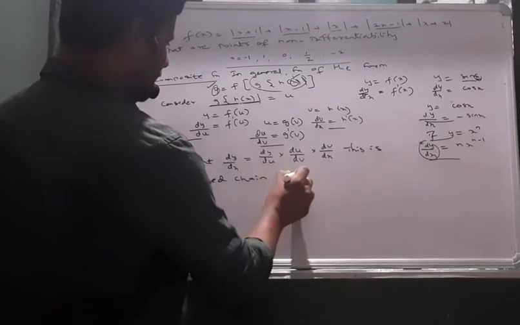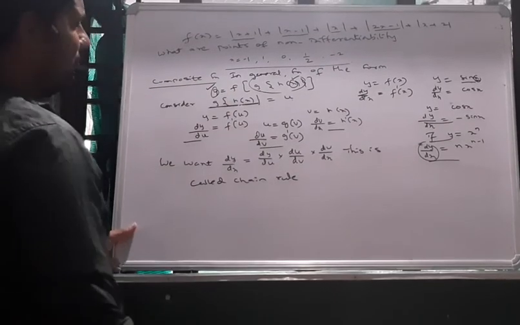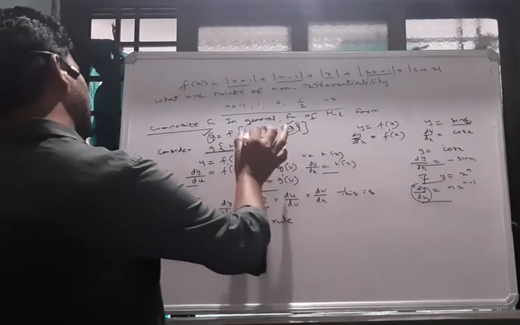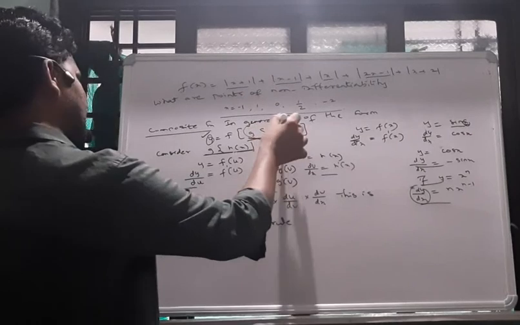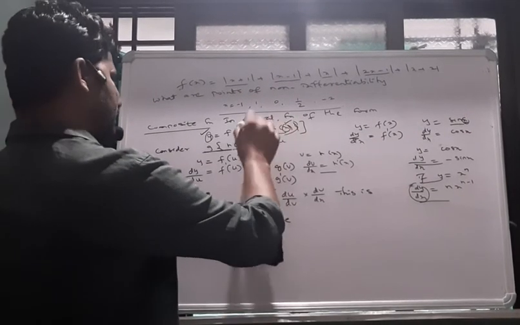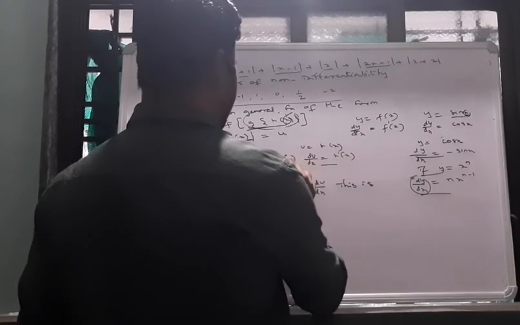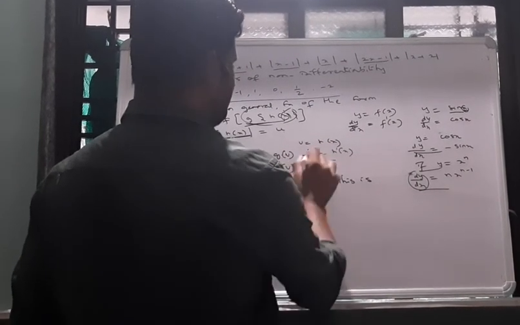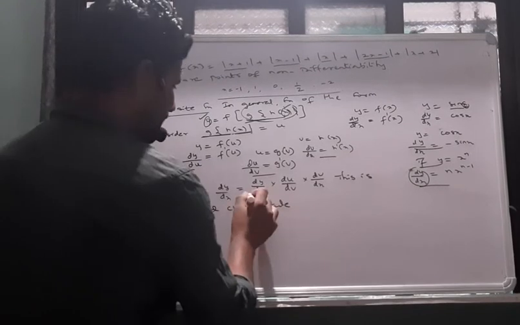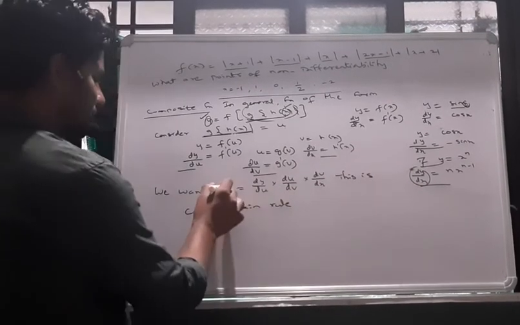So it means we can find the derivative of composite functions. Chain rule means we have to separate the functions and find the different derivatives. If it again has two functions, decompose and separate them, differentiate, and multiply the derivatives of all of these, so we get dy by dx.